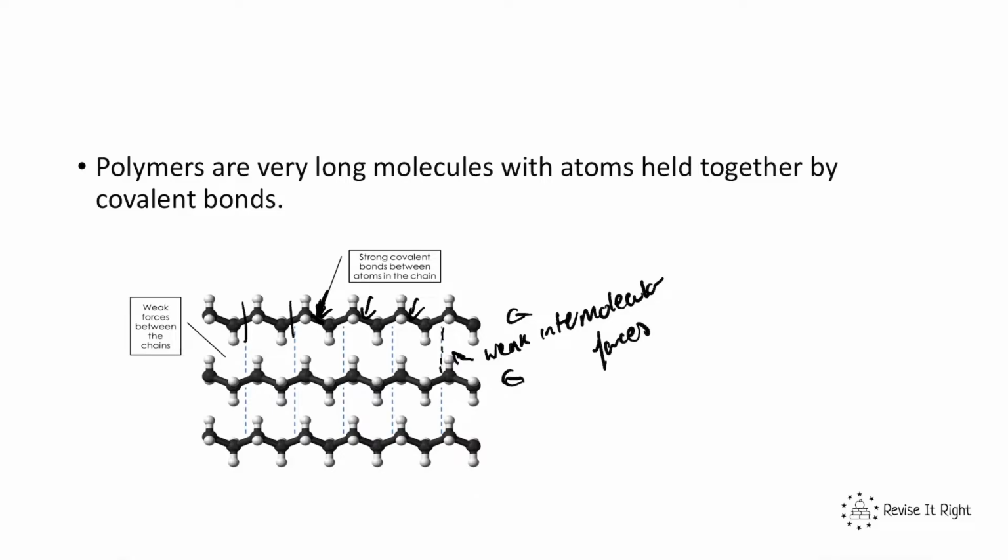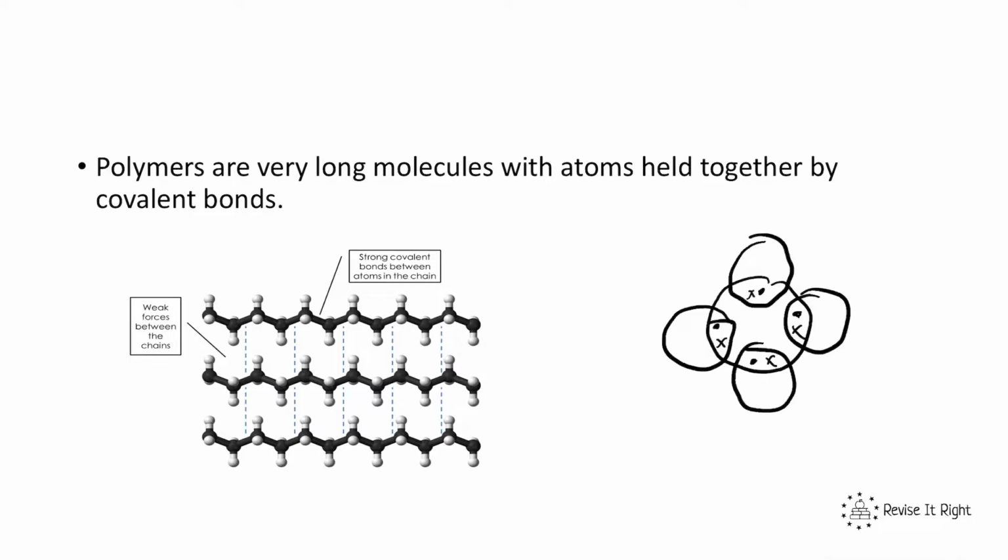So we have a polymer, which is a long molecule with atoms held together by covalent bonds, and then the molecules of polymer are held to one another by a weak intermolecular force.